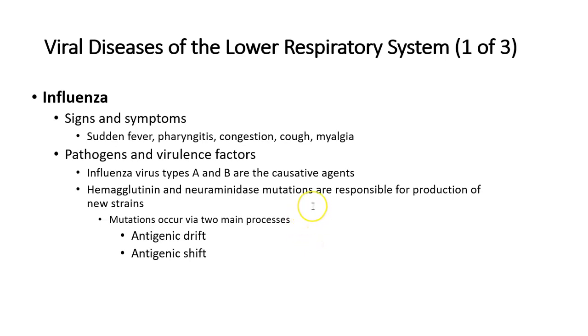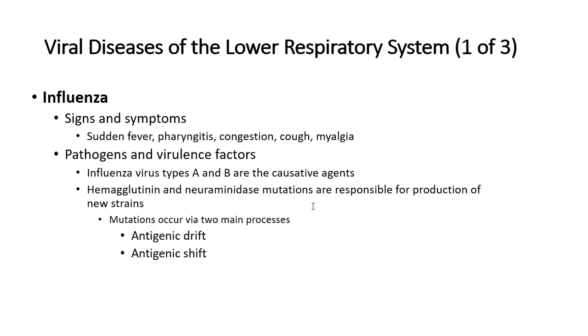They mutate, and those are responsible for making the different antigens that we see. So the strains are named according to the type, the location, the month, and the year, and so it tells us what it is.